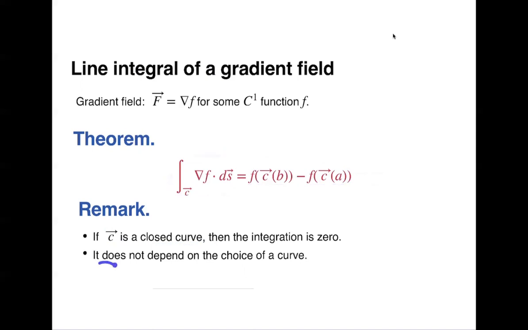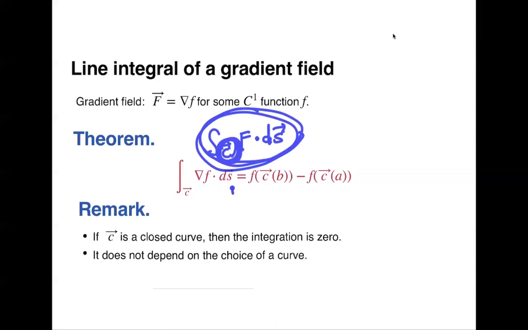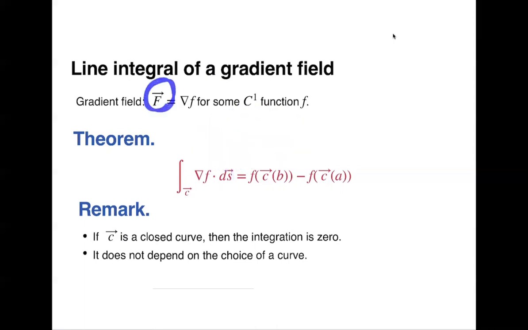And also it is very important. In the general case, if we take a line integral, then this integration depends on the choice of the curve C. But if f is a gradient field like this, then it only depends on the end points.